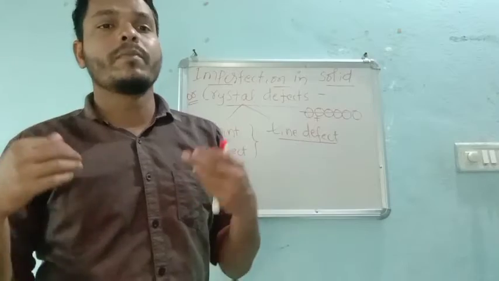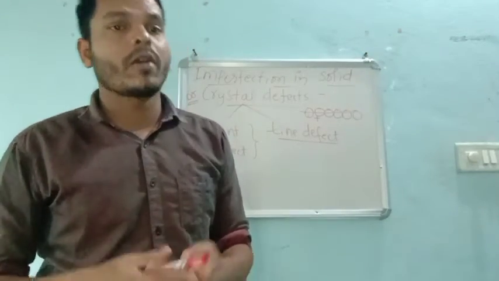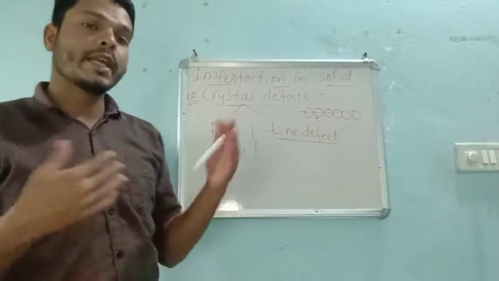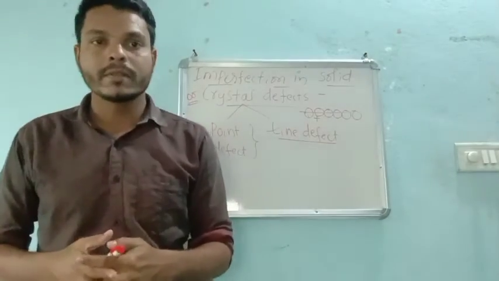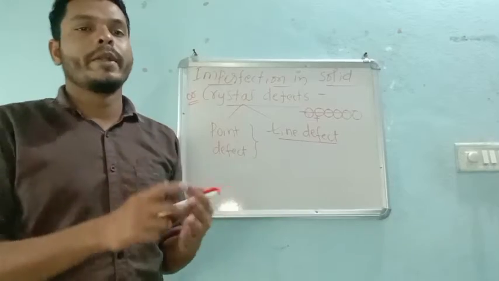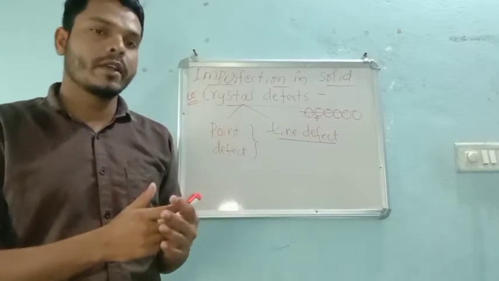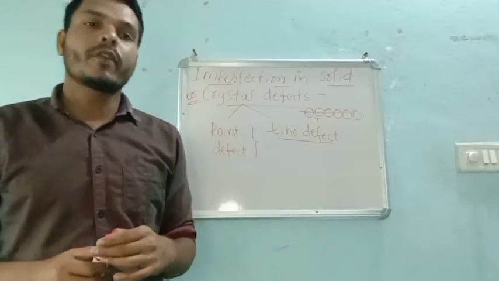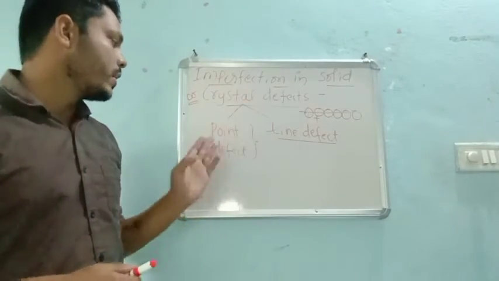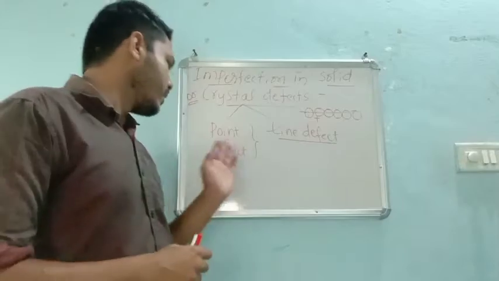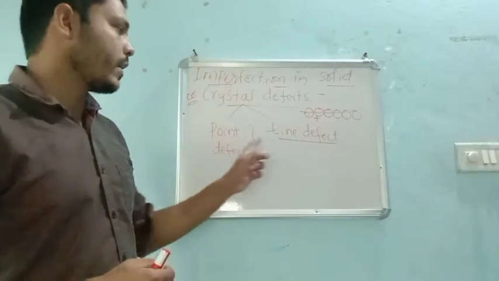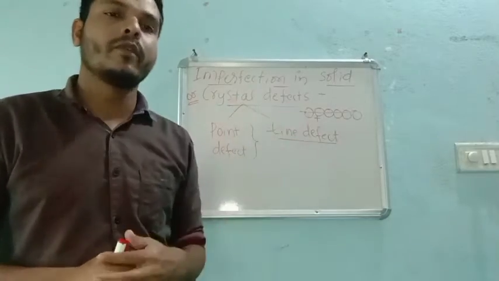If we keep them for a longer time or expose them to air or sunlight, their geometry will be disturbed or irregularity will come into the solid. That's why these are called imperfections in solids. These solid imperfections or defects are of two types: one is the point defect and the other is the line defect.